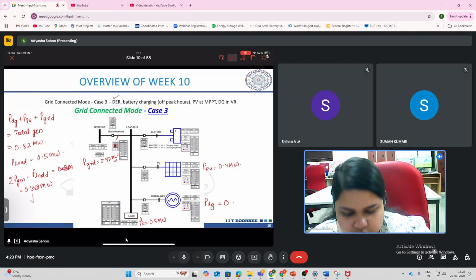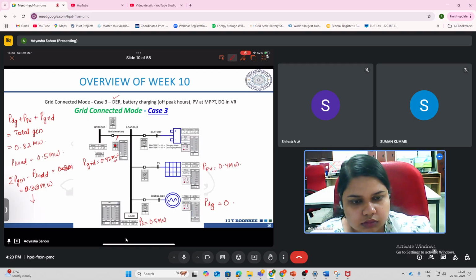So should the battery charge or discharge this 0.3 megawatt of power? Whether the battery will charge or discharge?